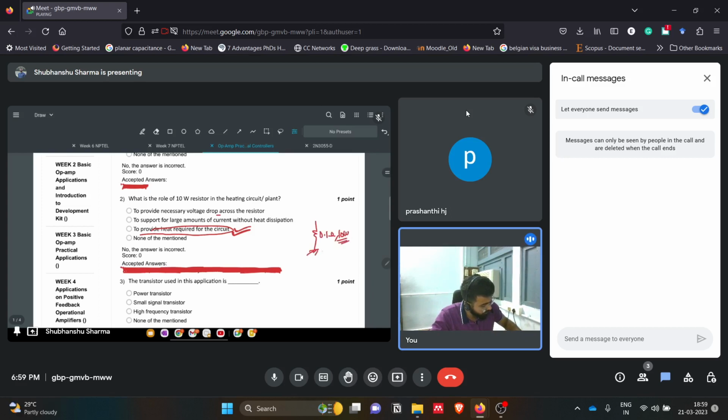So basically from the power rating we can say that the maximum voltage we can handle is the square root of 10 into 0.1. Okay, this was the power rating of this resistor, 10 watts. So the maximum voltage which it can handle is 1 volt, max.